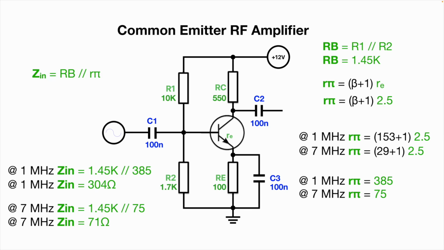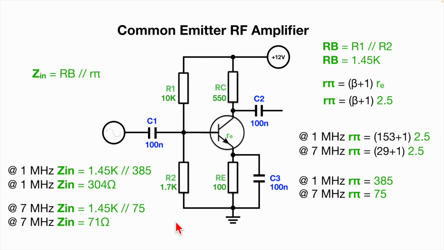Now, if you were just building this amplifier for a spot frequency, say an IF frequency, where you haven't got a broad swathe of frequency that you're interested in, then that would be all right. And at 7 megahertz, 71 ohms would be great. You wouldn't really need to do much impedance matching at all on the input.